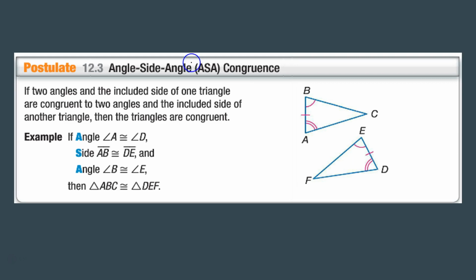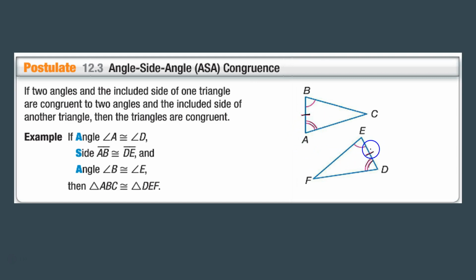So, first thing we want to see is if angle A is congruent to angle D. Angle A and angle D are marked, showing those two are congruent. And then we know that side AB is congruent to side DE, which is shown here.